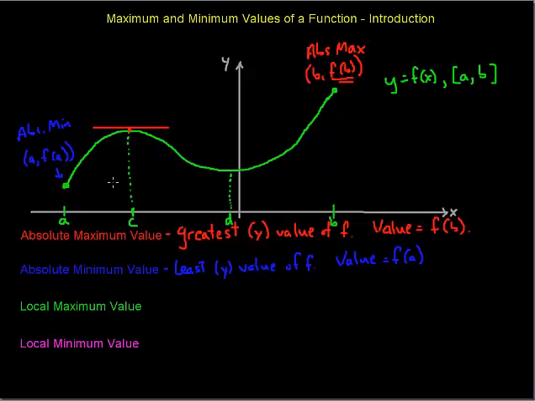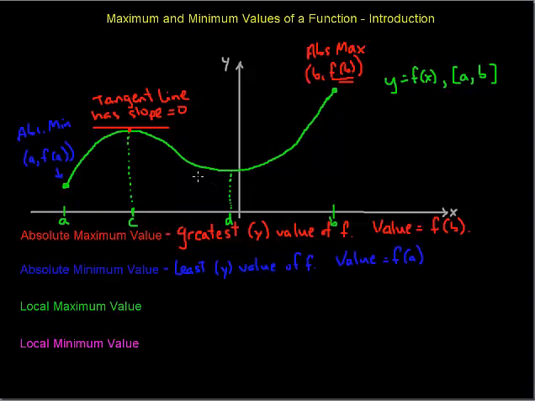And if you remember, the tangent line has slope equal to 0. That's what happens when you're at a rounded hump or a rounded valley.